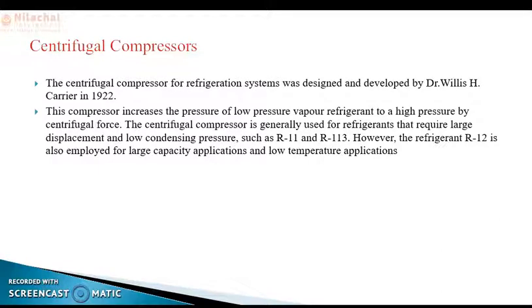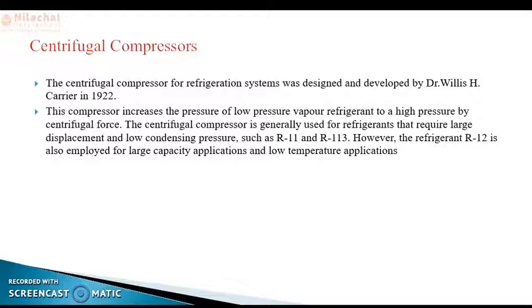Today I am going to explain about the dynamic compressor. So first you have to know what is a dynamic compressor, then we will go to the centrifugal compressor, which belongs to the dynamic compressor.